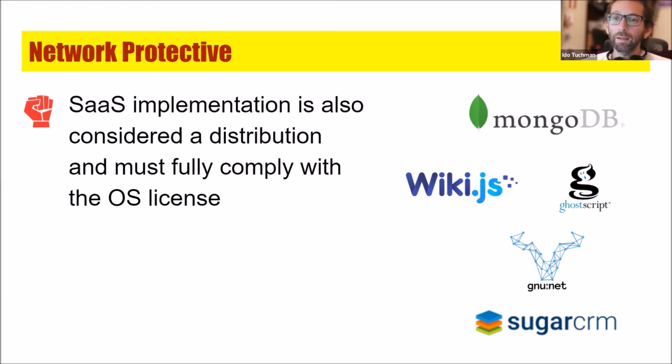It requires you to open source your code if your code is used over a network, not just when releasing it. Once you offer some kind of network service, you're required to open source your code if it's based on another network protected license.